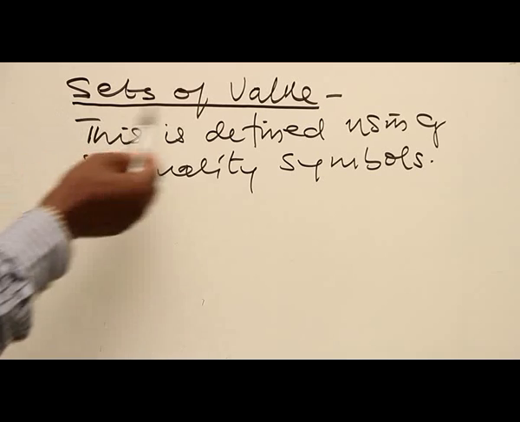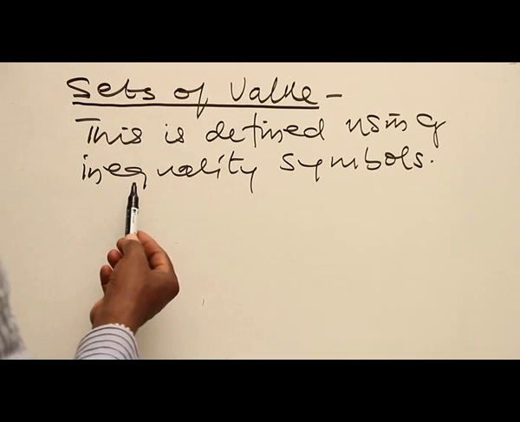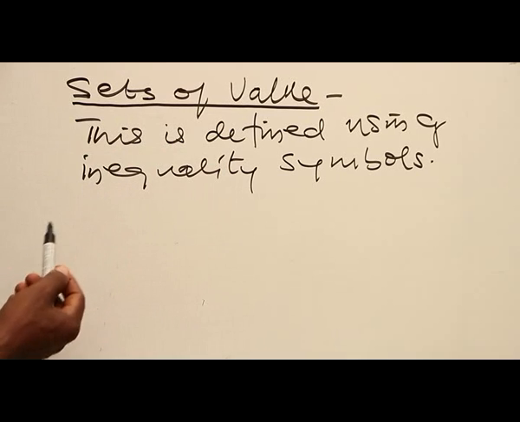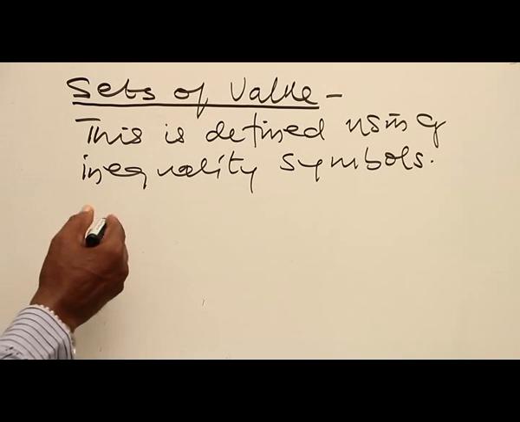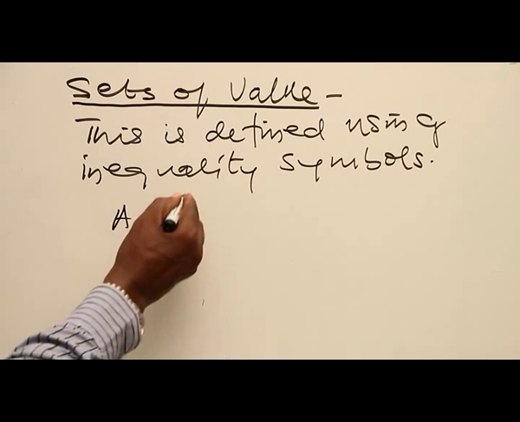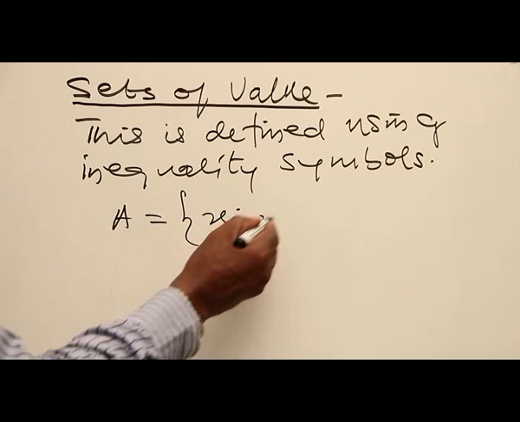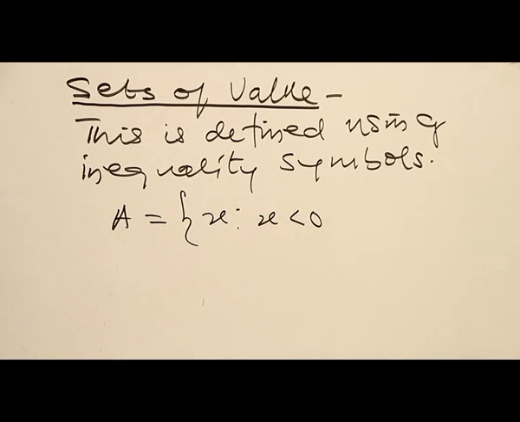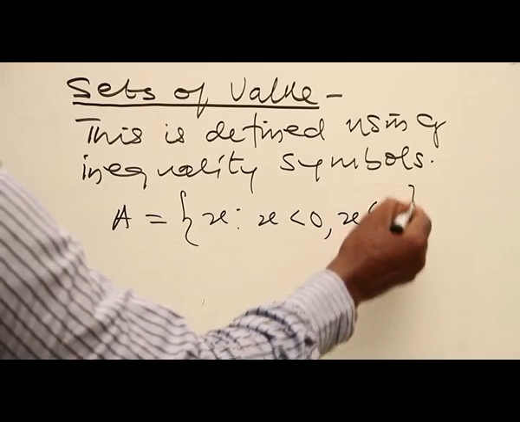We look at sets of values. In sets of values, we use the inequality symbols to represent the sets. So this is defined using inequality symbols. Now let's take for example a set A, defined as {S : S < 0, S belongs to Z}.